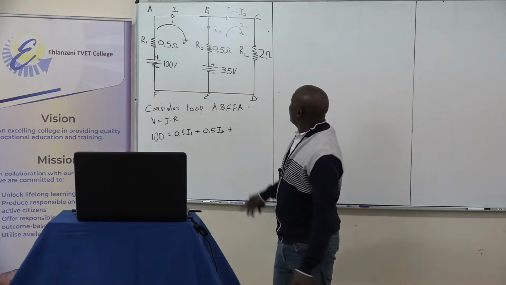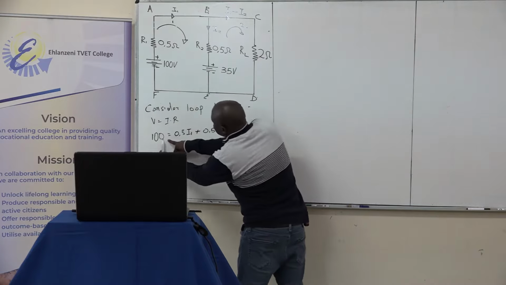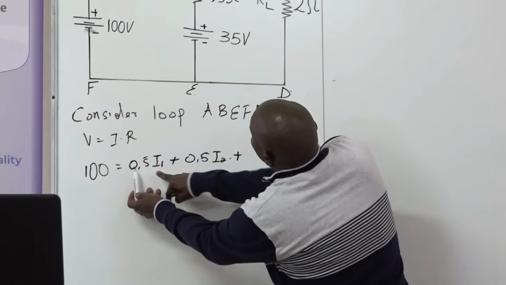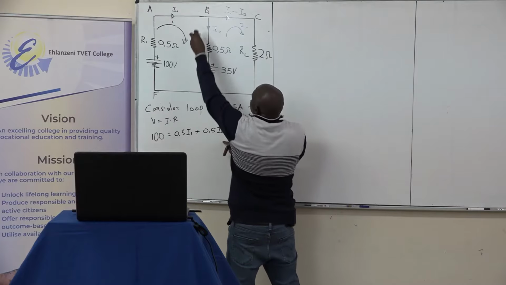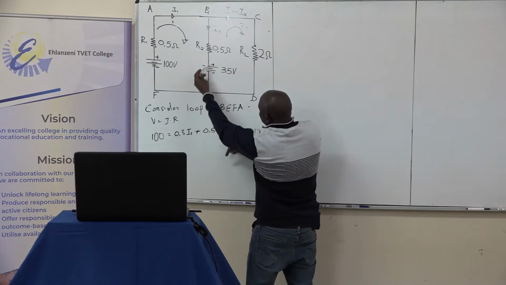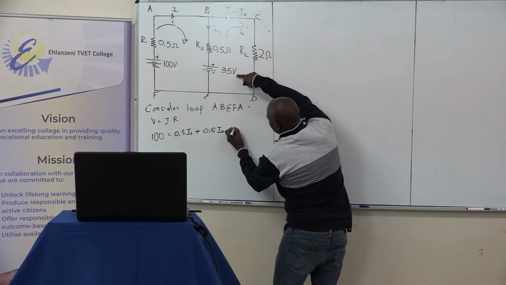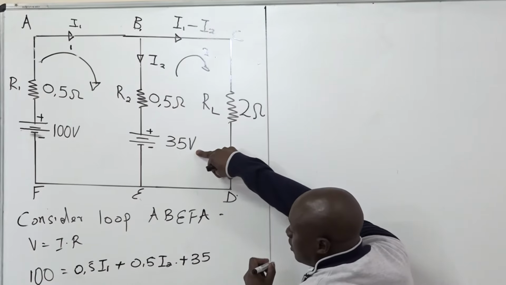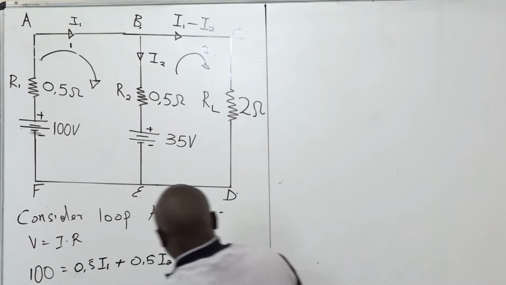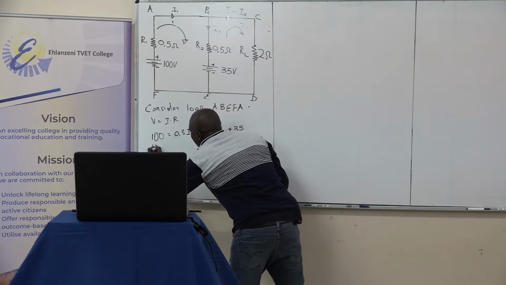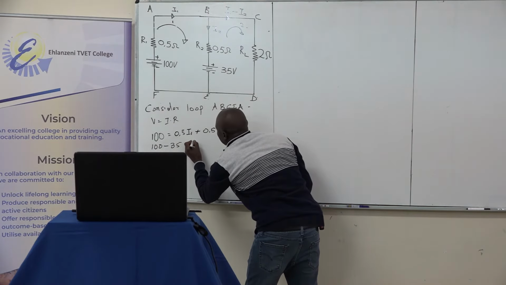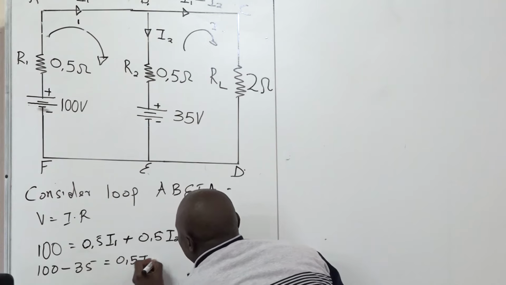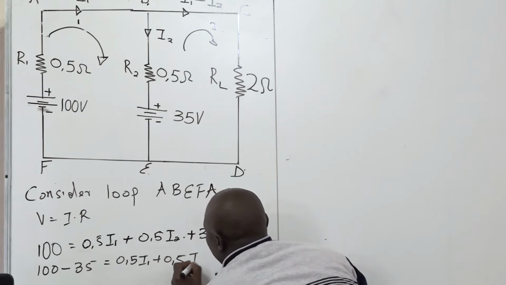So now, through our loop, I'm having a supply which is 100 volts equals 0.5 I1 plus 0.5 I2 plus 35 volts. So I need to group the like terms together, which is 100 minus 35 equals 0.5 I1 plus 0.5 I2.